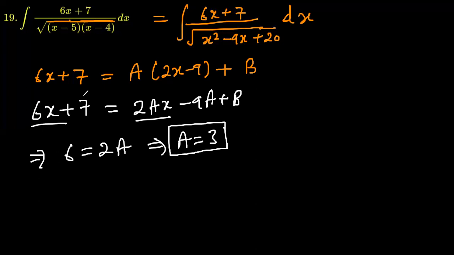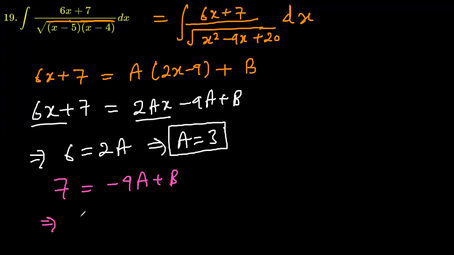Now we equate the constant term, and the constant term here is 7, you see. The constants are the terms that are free from variable x. This means we can write 7 is equal to negative 9a plus b.